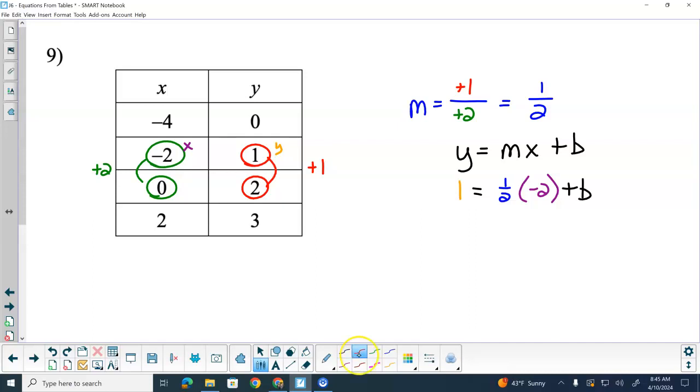I'll break it up for you if you want. -2 over 2. -2 divided by +2. What kind of one? -1, because it's negative divided by a positive. Okay?